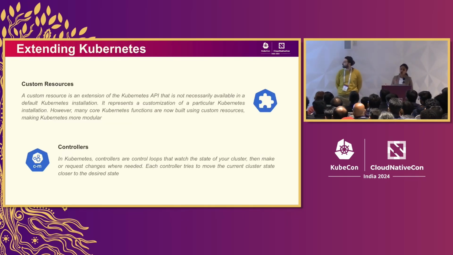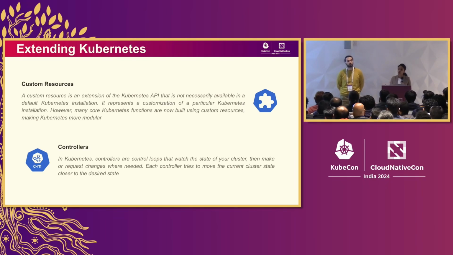When we talk about extending Kubernetes, we can't avoid speaking about custom resources and controllers. CRs are a very important part of the Kubernetes stack. They allow us to extend Kubernetes functionalities by adding our own concepts to it. Indeed, a custom resource is an extension of the Kubernetes API that is not necessarily available in a default Kubernetes installation.